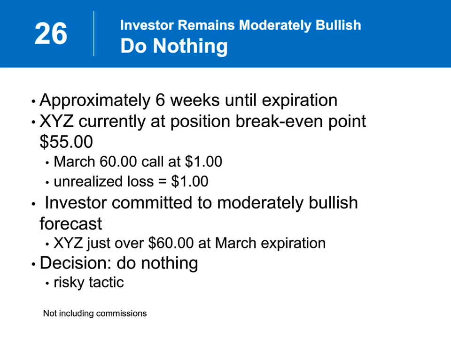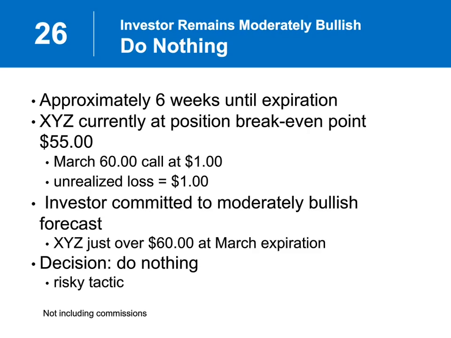Those March 60 calls are currently at $1 with 6 weeks remaining. We sold them for $4 originally. So we've got an unrealized loss of $1. Stock's down $4, options are down 3, and we're down $1 potentially. The investor, because the opinion is still to hang with this position, does nothing.